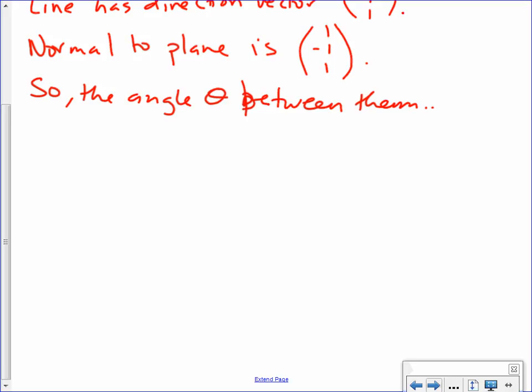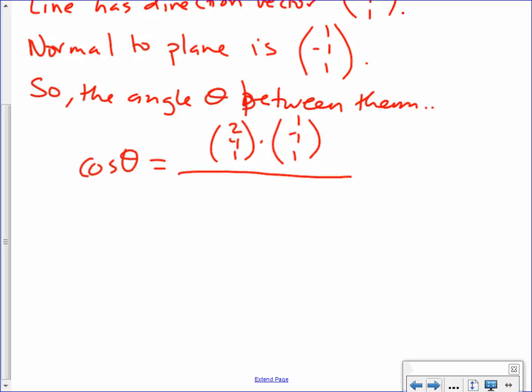So that has something to do with cosine. It's cosine theta, so 2, 4, 1 dot 1, -1, 1 divided by the magnitudes.